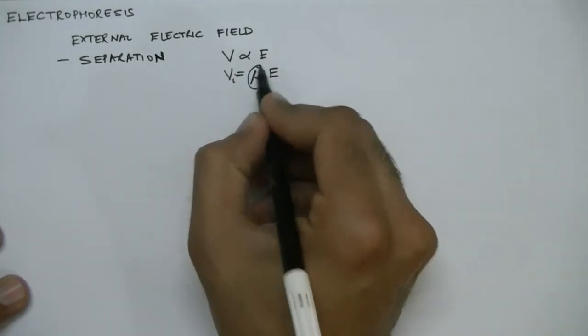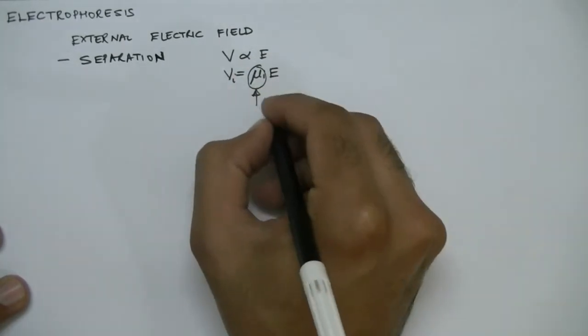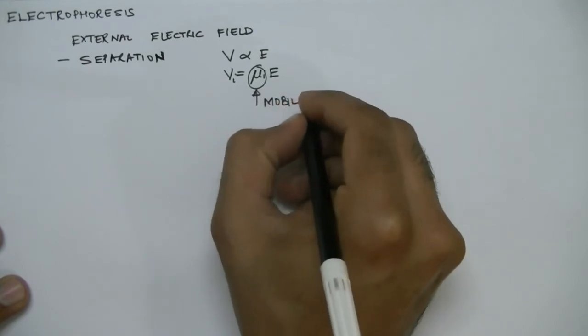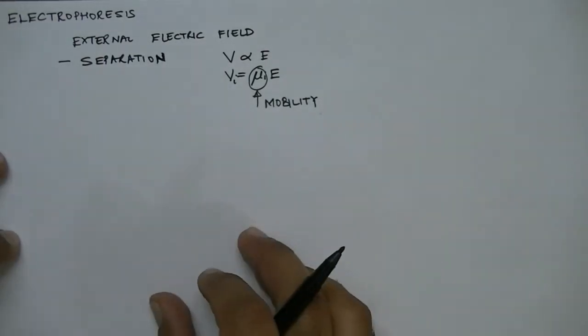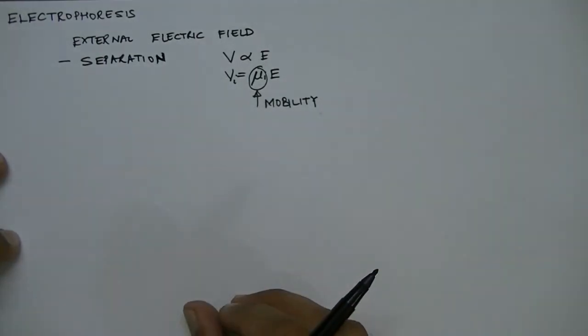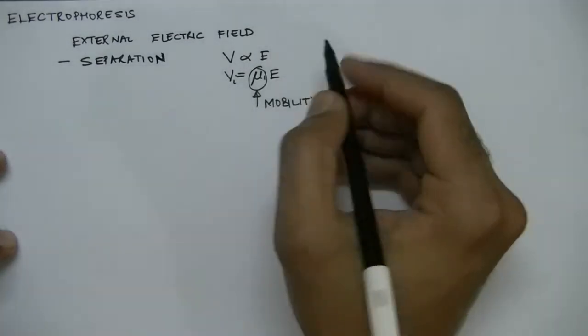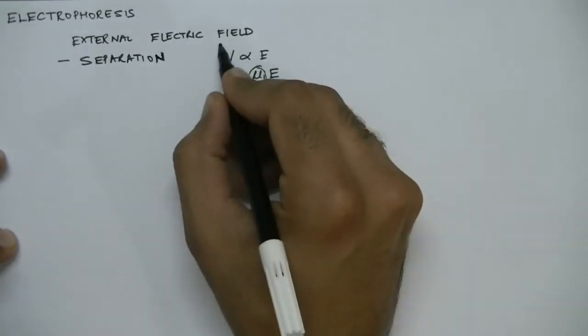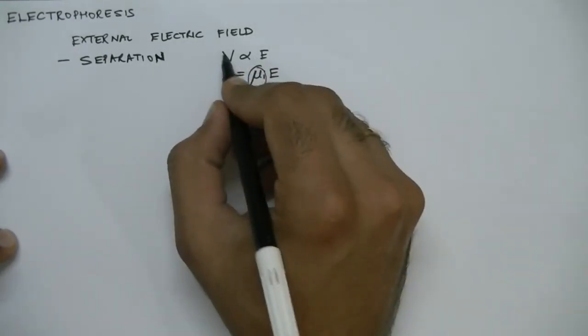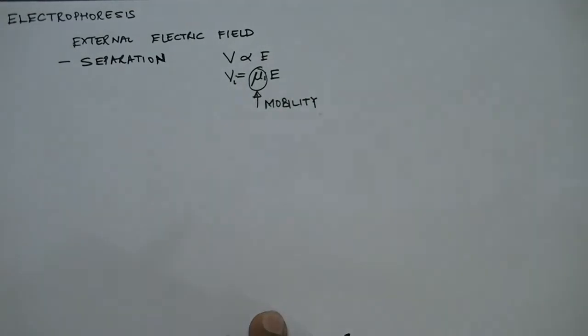And based on this differential mobility, if you have a mixture of sample ions, you can separate them and analyze and quantify the amount of those sample ions. So in this lecture, we'll focus on how we can derive a relation between the speed of the ion and an applied electric field, and we'll see on what factors this mobility actually depends.